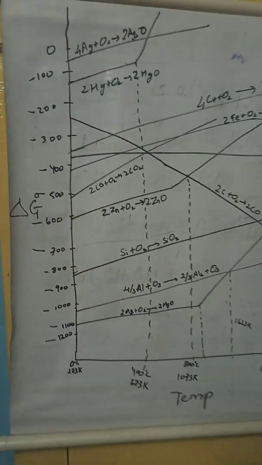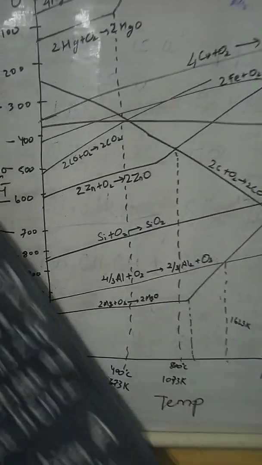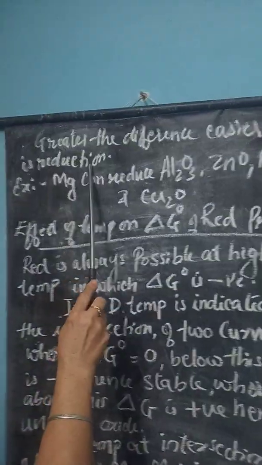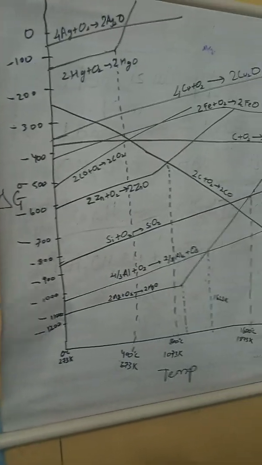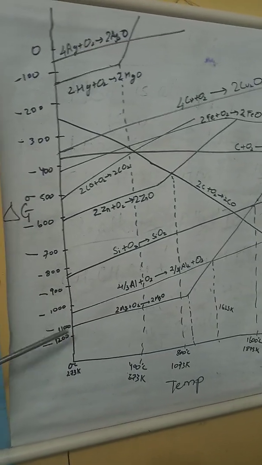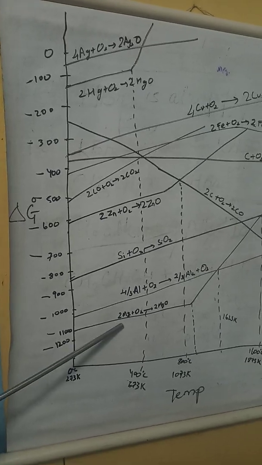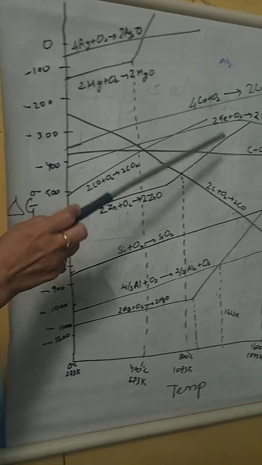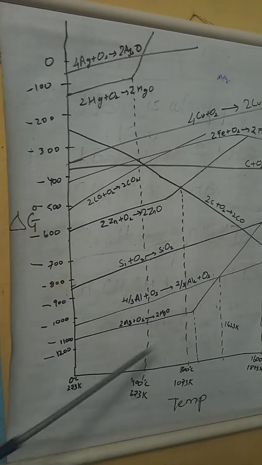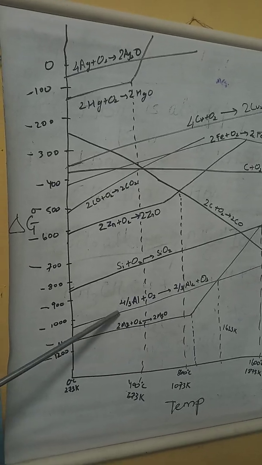Now the next point which we'll see is, the greater the difference, the easier is the reduction. That is magnesium and iron. If you see magnesium and iron, a greater difference of delta G will be there. That means magnesium can reduce iron from iron oxide very easily as compared to magnesium and aluminium.